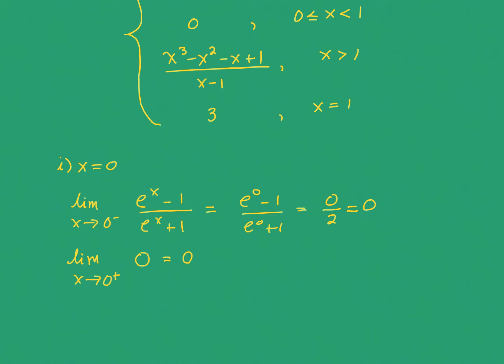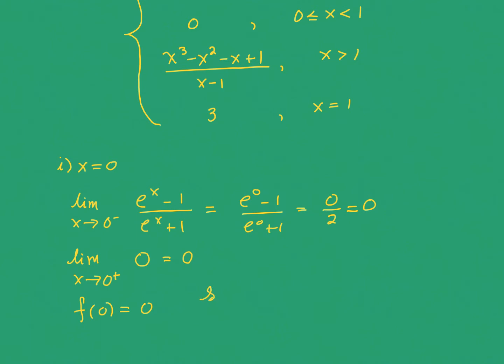So that's great. We have one more thing to check, and that's the function value at that point. And the function value at 0 is defined to be, here, when x is 0, f of x is 0. So that's also 0.